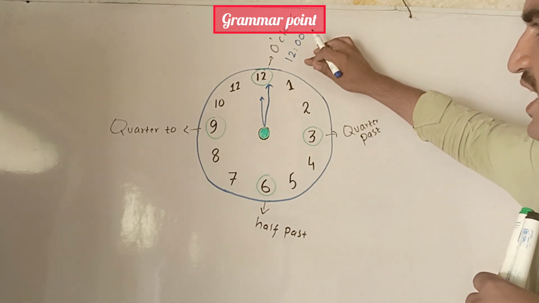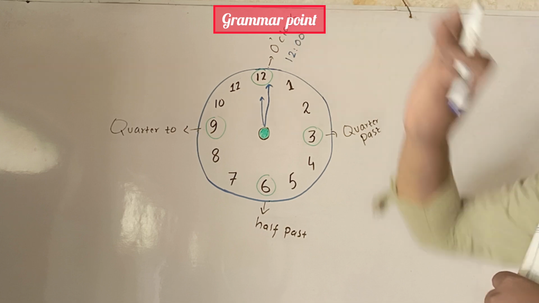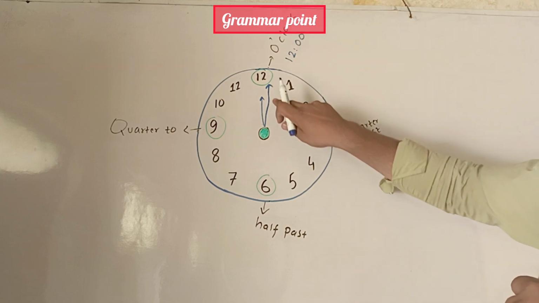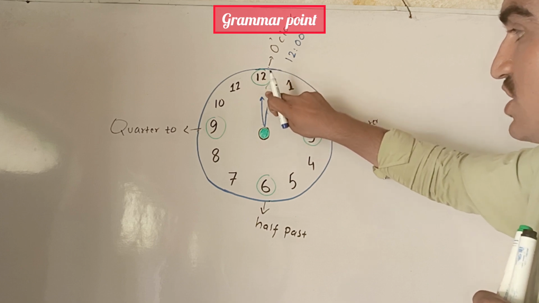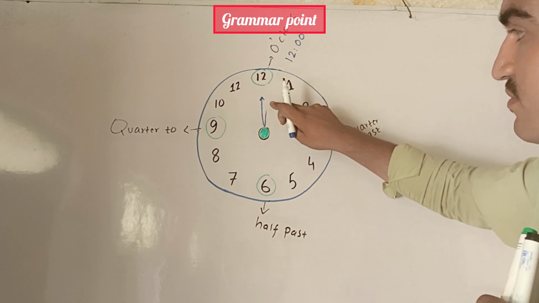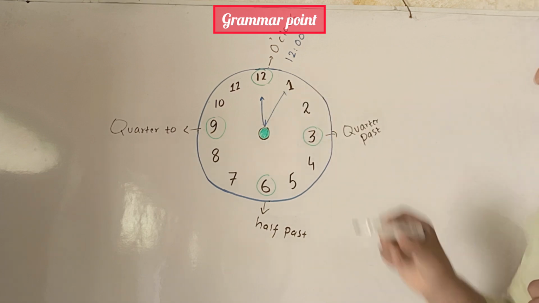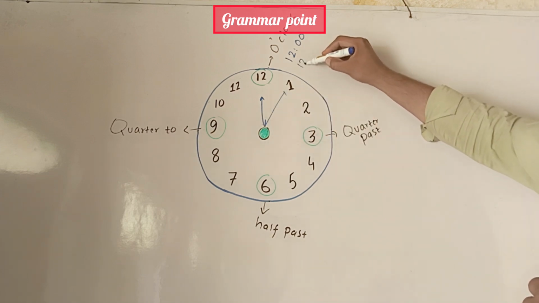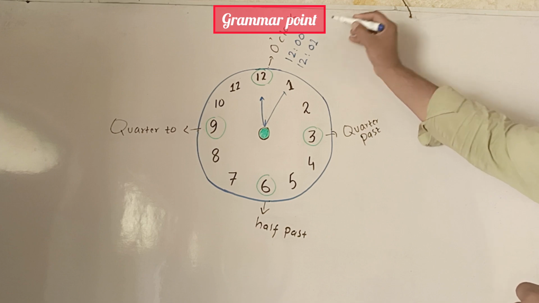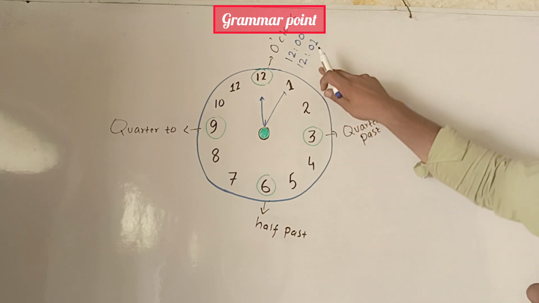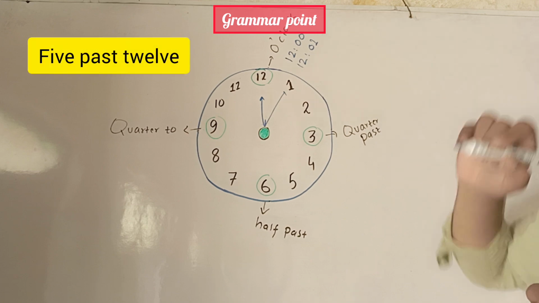So we say it's 12 o'clock. If the small needle is on 12 but the large needle is on 1, it would be like this, 12:01. So it would be called 5 past 12.